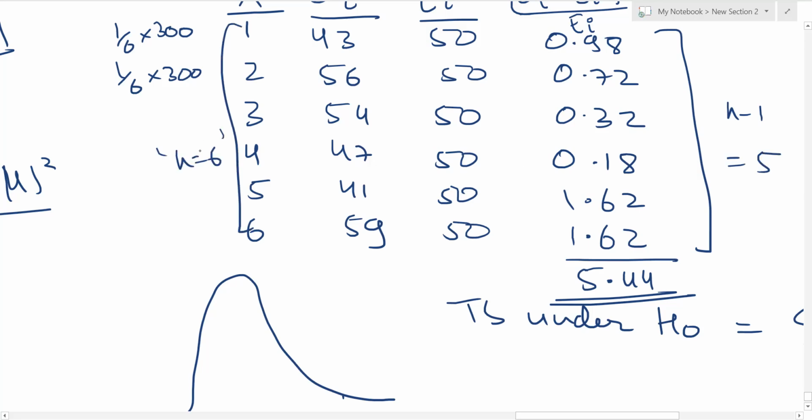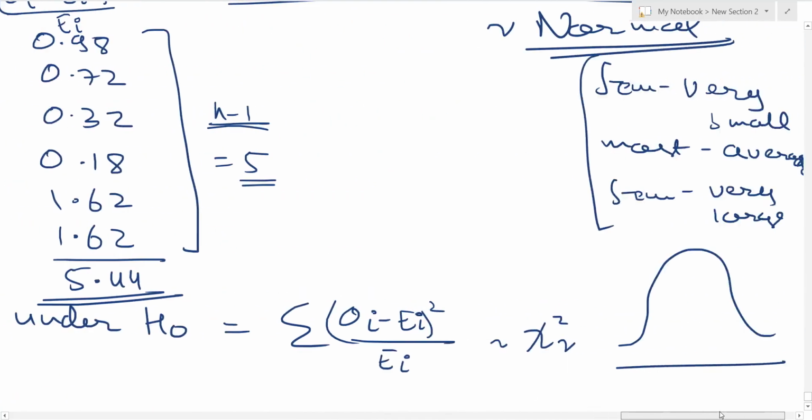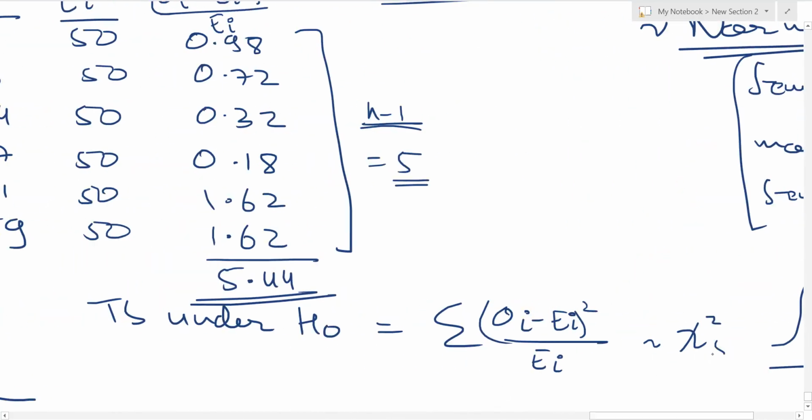I'll discuss eventually what are other adjustments to degrees of freedom. But in general, when your total number of groups here is 6, then your degrees of freedom just becomes 5. That is n minus 1. So I'll have to take chi-square 5 distribution here.